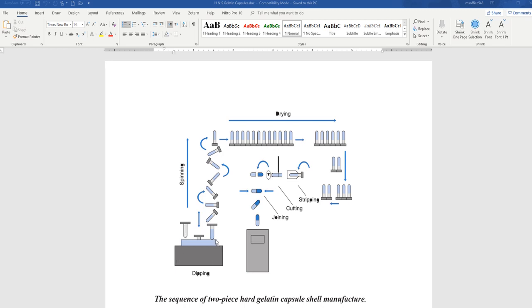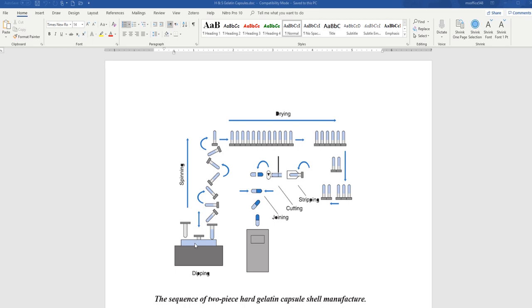What you see here, okay, is a reservoir or a container or a vessel containing gelatin, water, gelatin water, because they are the main constituent, what did we say, of the hard gelatin capsule shells.